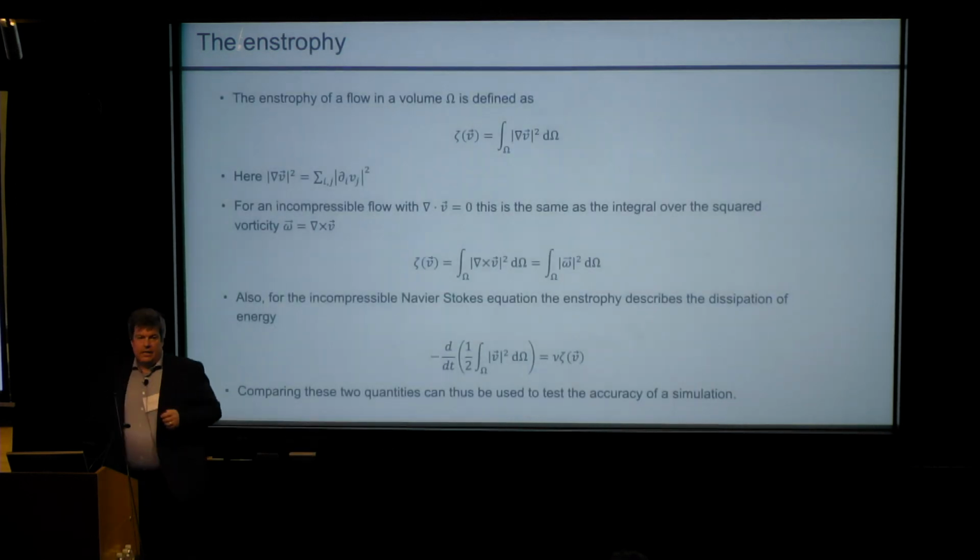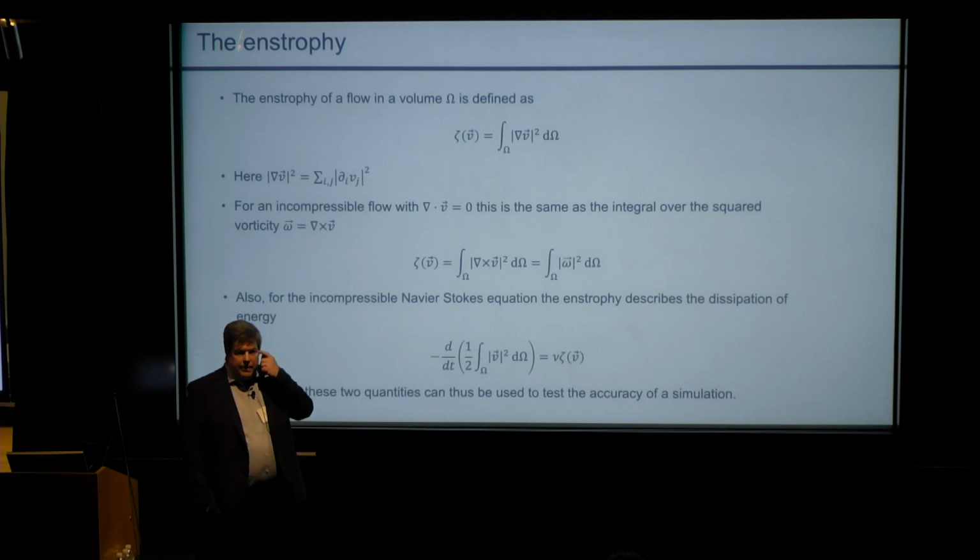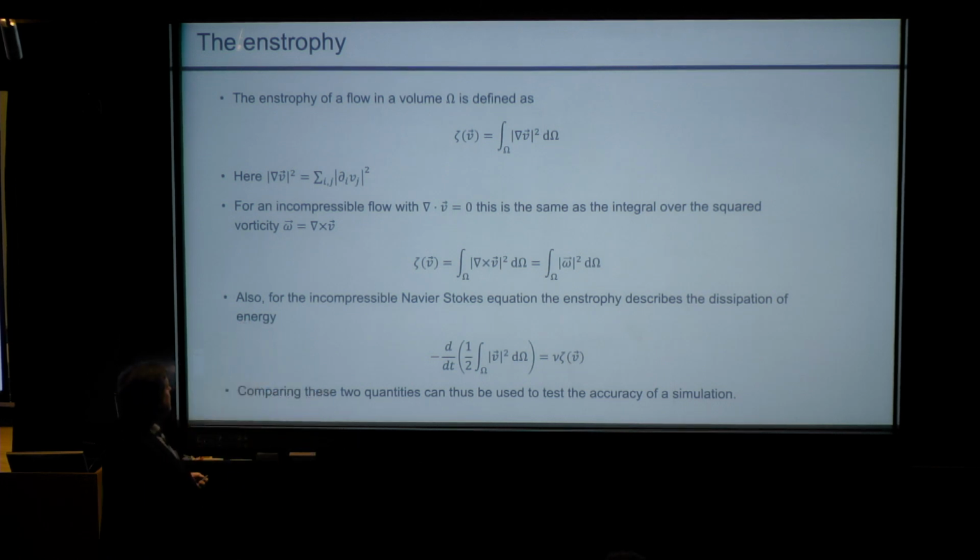Okay, what is this entropy? Basically, entropy is a measure of how much vorticity you have. The entropy can be written in general as the integral over the whole volume of the flow of |∇ × v|², where this has a slightly unusual definition. Note I wasn't just sloppy and forgot the dot here.